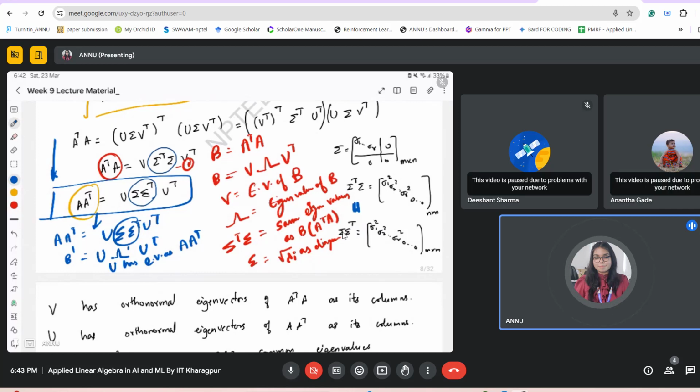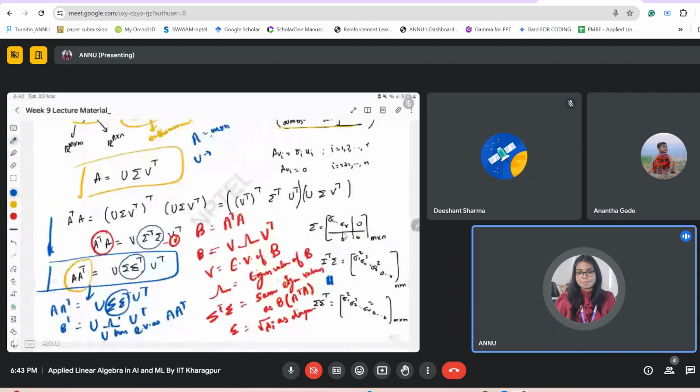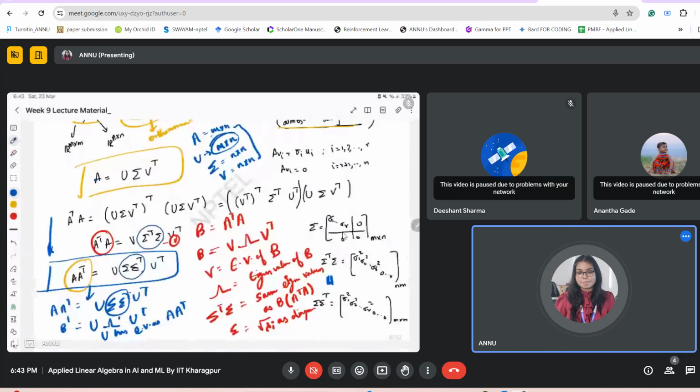Okay, so if you see this A, it has a dimension of M cross N. So you will have dimension of M cross N, sigma will have N cross N, and we have N cross N. Then only this multiplication holds. So you can see here you can have a rectangular matrix as A, but not V. V always has the dimension of N cross N.